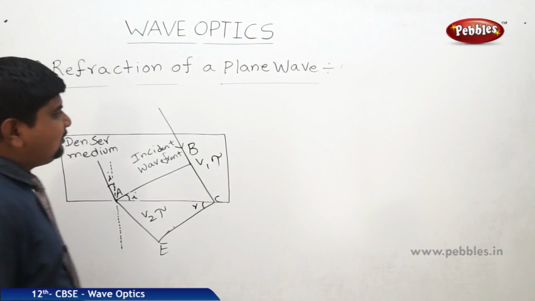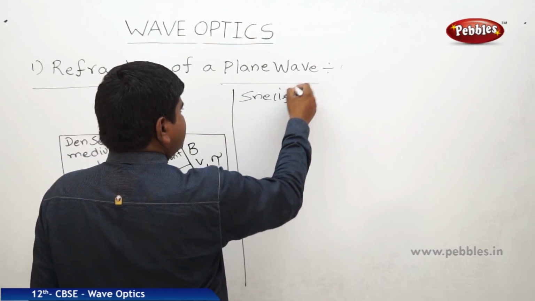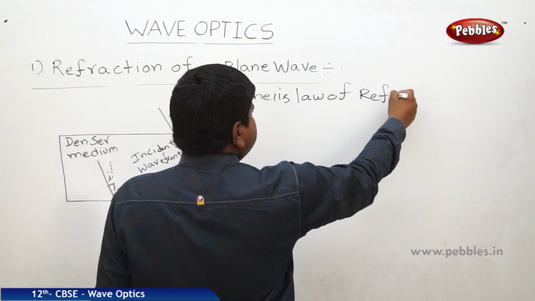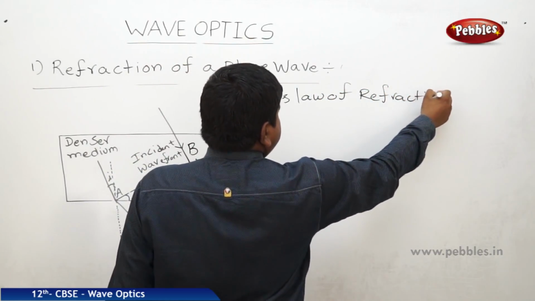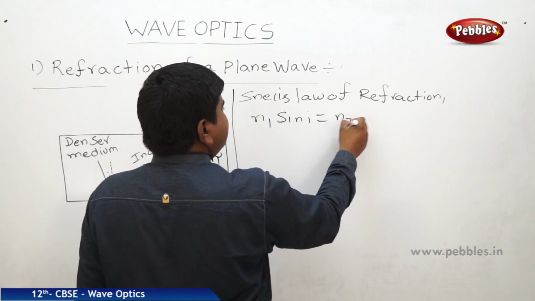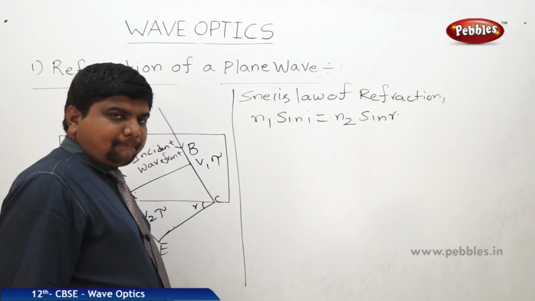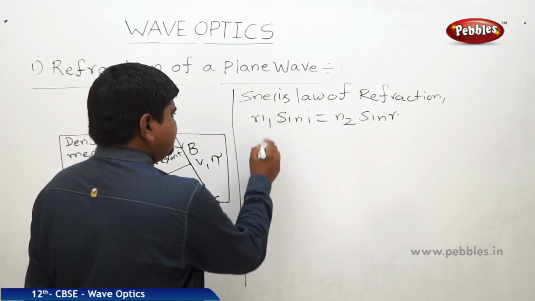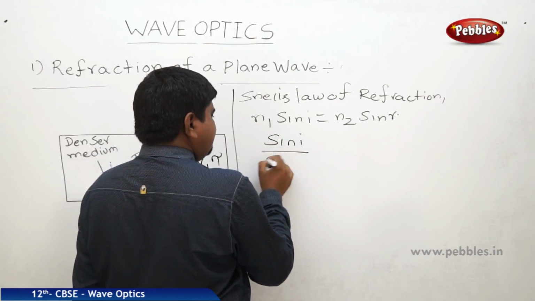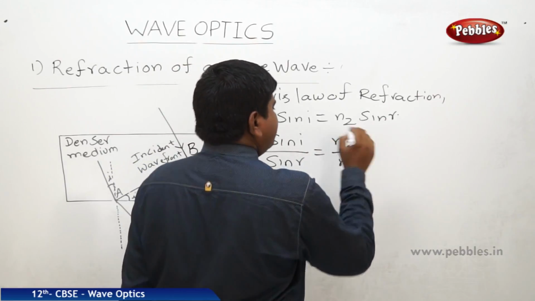What is Snell's law of refraction in this case? According to Snell's law of refraction, we know that N1 sin I is equal to N2 sin R. So from this, sin I by sin R is equal to N2 by N1.